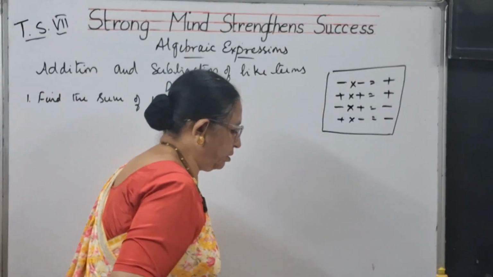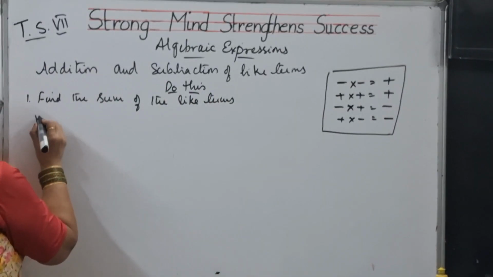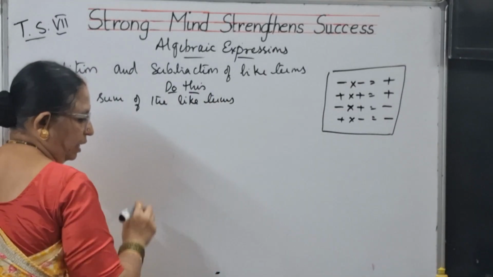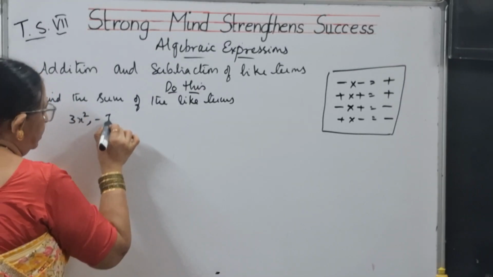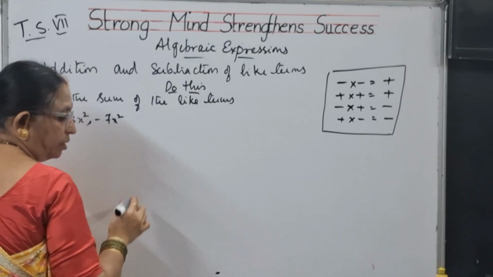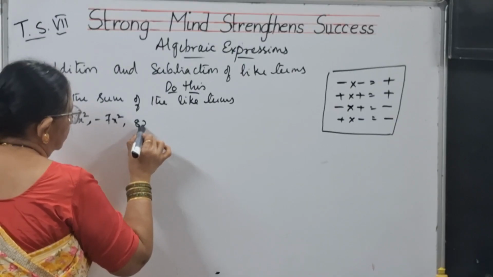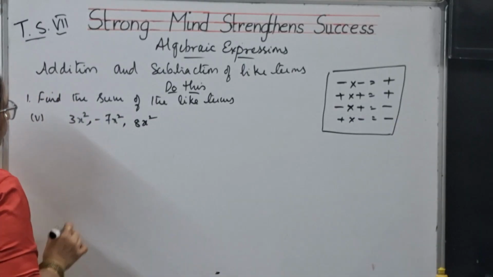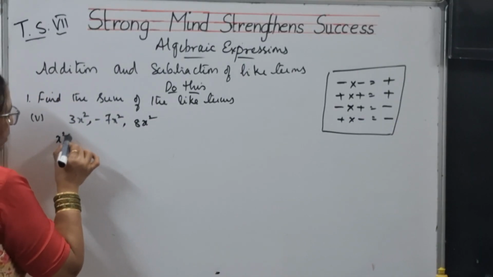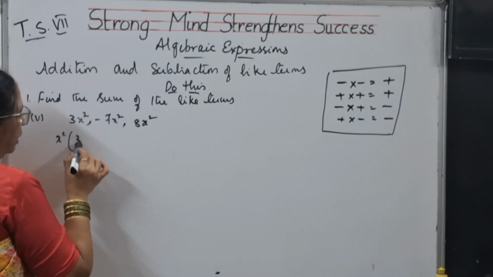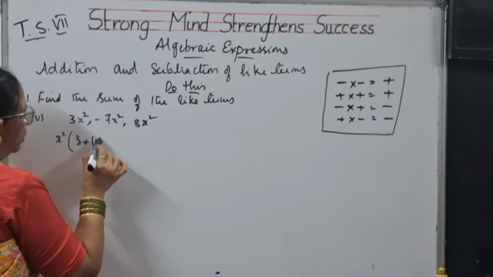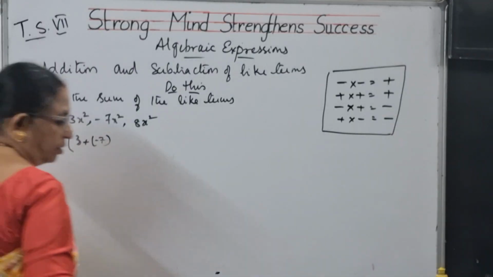Now the fifth bit, 3x square, minus 7x square, 8x square. Again here x square is common, 3 you are adding, so plus of minus 7.